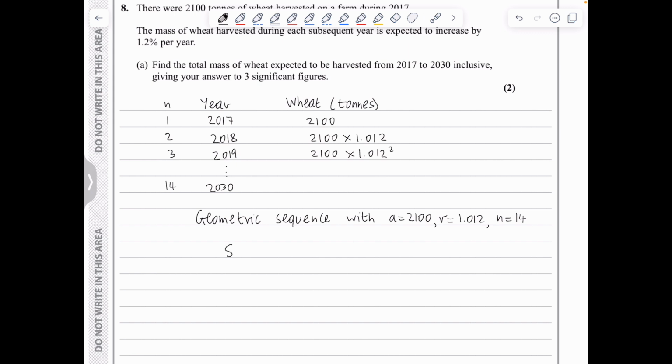So we need to evaluate S14, which is A 1 minus R to the N over 1 minus R, 1 minus 0.012. This is giving me 31,806.9948, which, correct to 3SF, is 31,800 tons. We need to include the units because it is a modeling question.